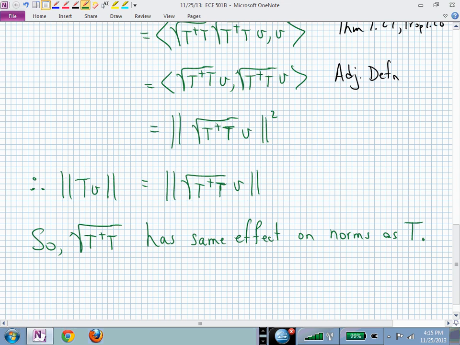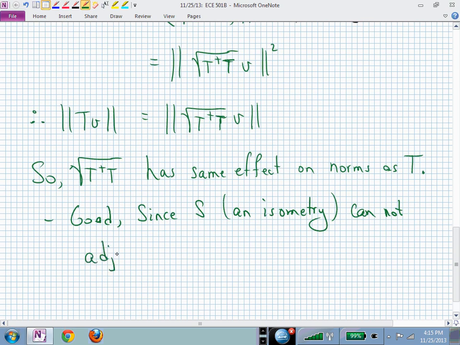So this positive square root of T adjoint T is the same in a norm sense as T is. And that's good since this matrix S, which was an isometry, cannot adjust the norm by definition of that isometry.